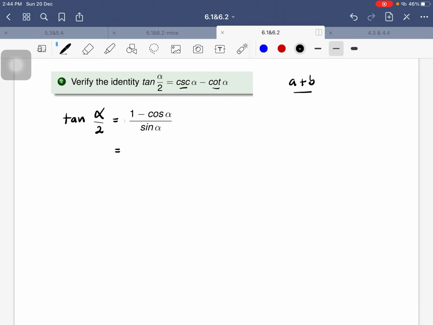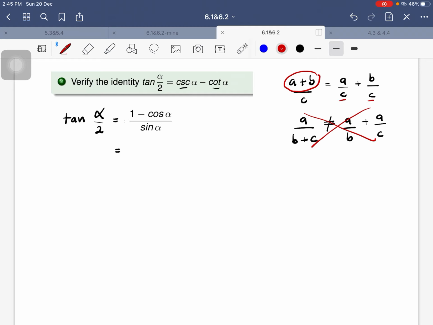So remember the rule: if I have A plus B over C, I can write this as A over C plus B over C. However, I would like to remind you, if you have A over B plus C, this is not equal to A over B plus A over C. This is completely wrong.